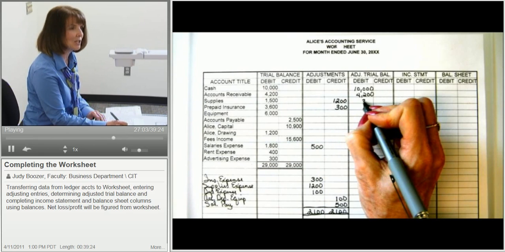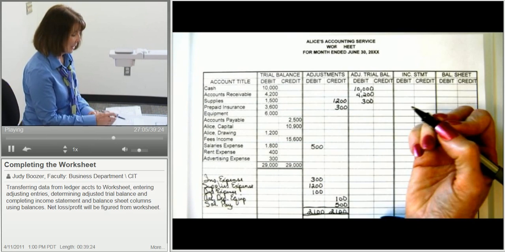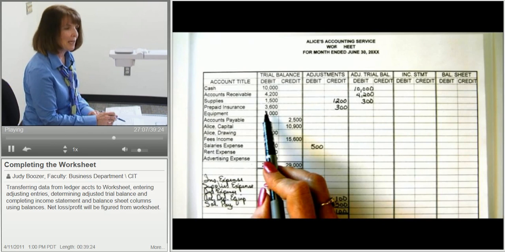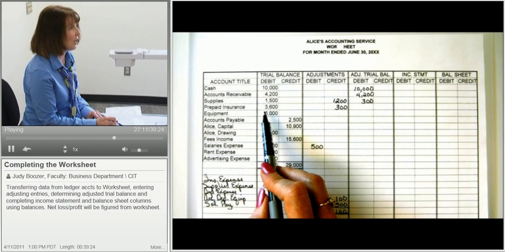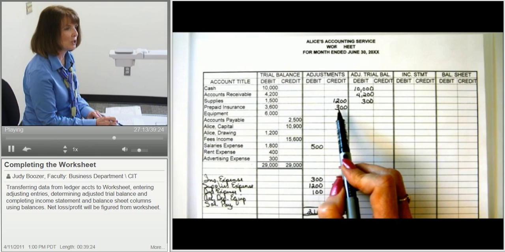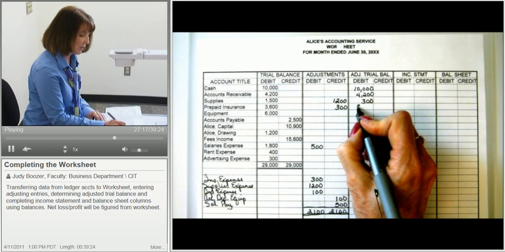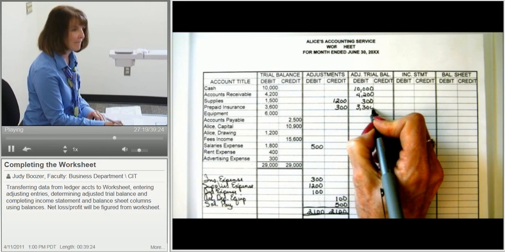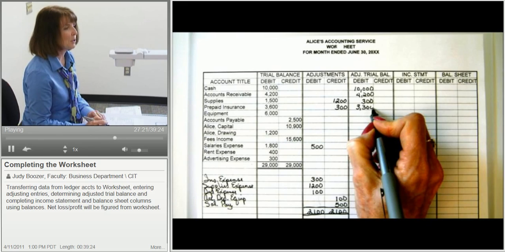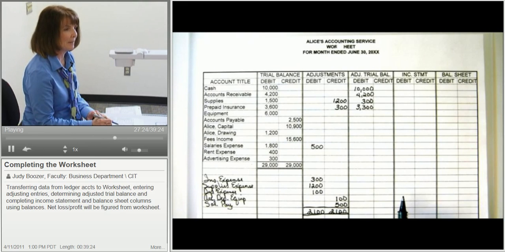The debit side is larger. Prepaid insurance. We began with 3,600. We had a $300 credit. What's the balance for prepaid insurance? Good. 3,300. Remember, you put the balance on the bigger side.